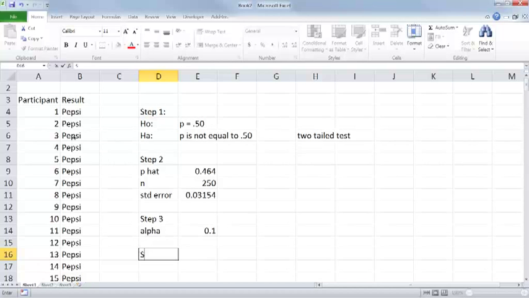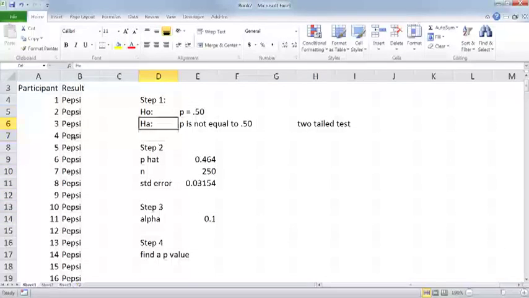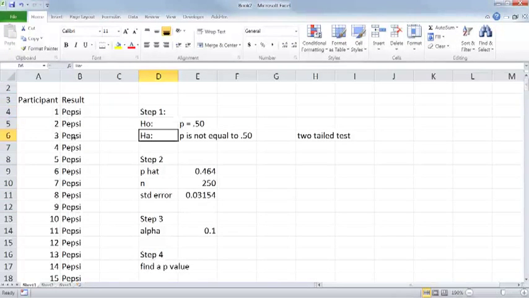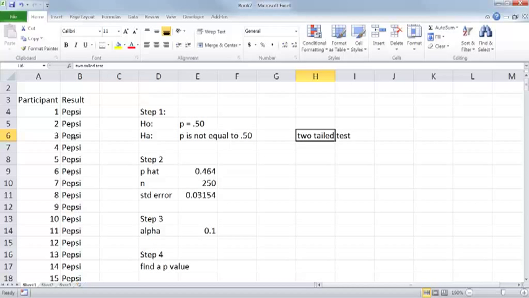All right, so step 4 then is to find a p-value. Before I find the p-value for this specific problem, let's pretend instead that the alternative is not p not equal to 0.5. Let's change the alternative hypothesis so that it's not a two-tailed test, and just do a one-tailed test first.